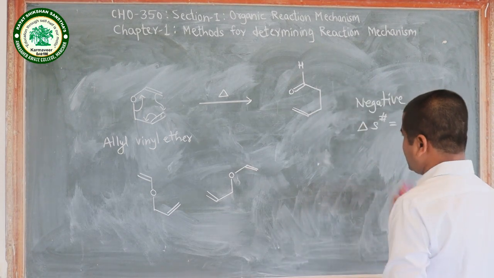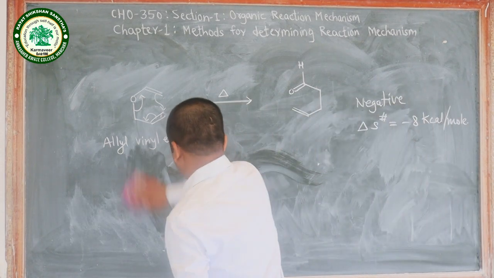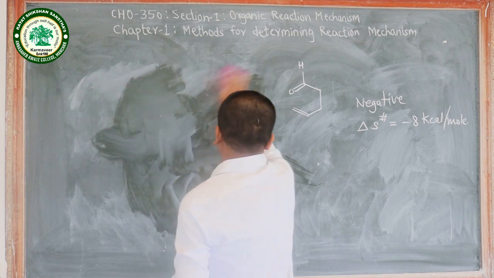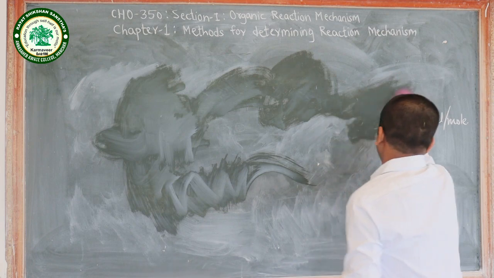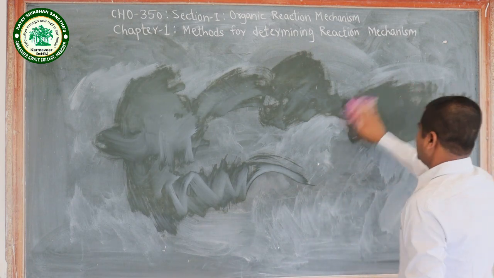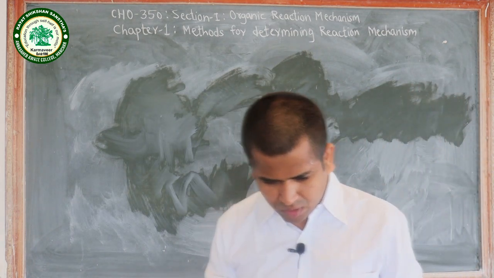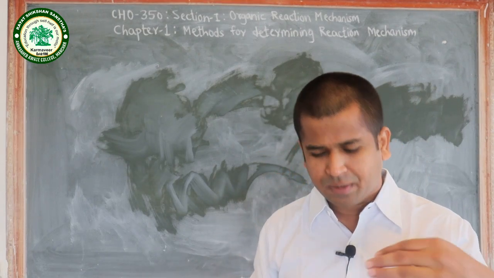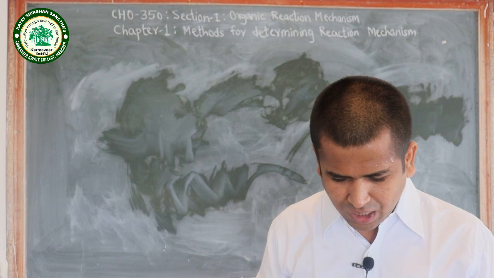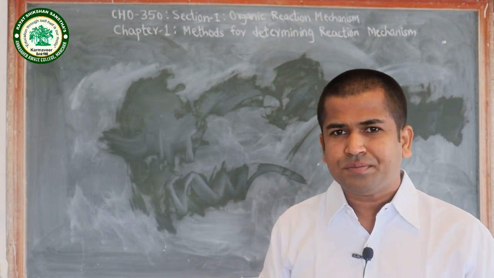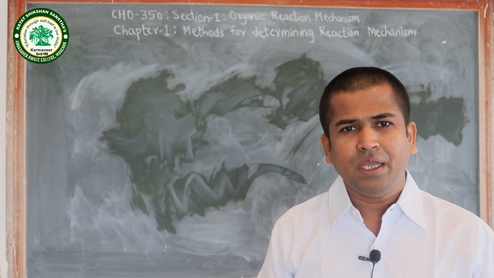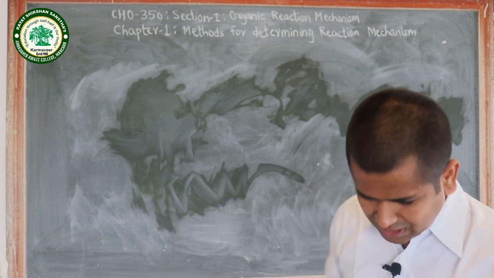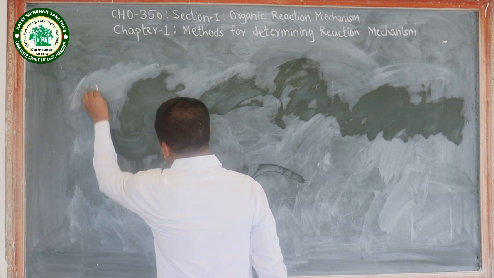We consider the next example, a Diels-Alder reaction. In a reaction where the total number of molecules decreases in the product, the reaction is usually attended by a negative entropy of activation. Okay, so as an example we see a Diels-Alder reaction.